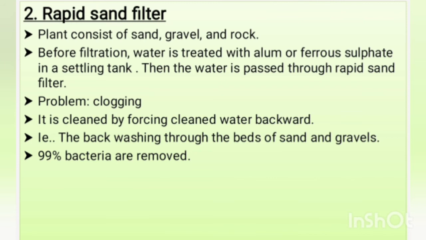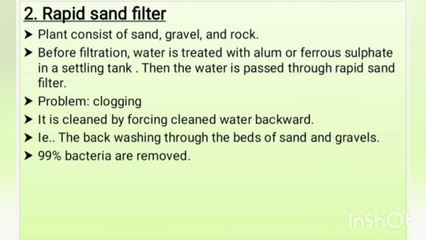Clogging is a problem of the rapid sand filter. So it is cleaned by forcing cleaned water backward. The clogging can be prevented by passing cleaned water backward, that is backwashing, through the beds of gravels and sands without disturbing the fine sand.